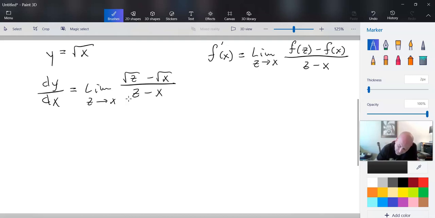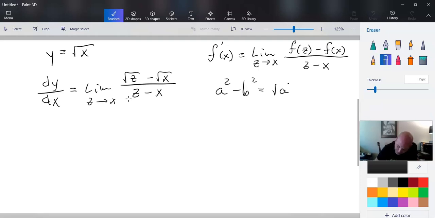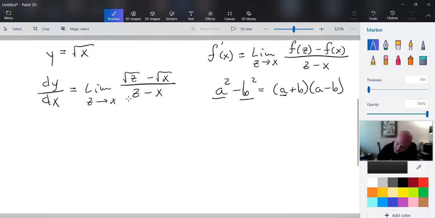And I'm going to use this formula: a squared minus b squared is equal to a plus b times a minus b. What that means is whatever's here and here, I can just take their square roots to get these numbers. And so I'm going to do that here with the z minus x.